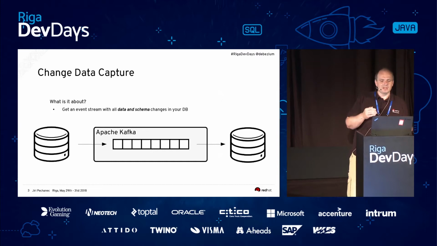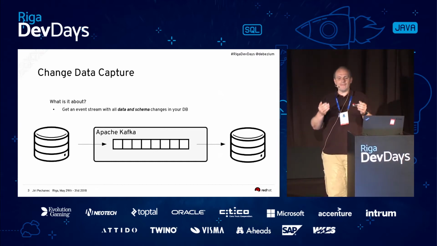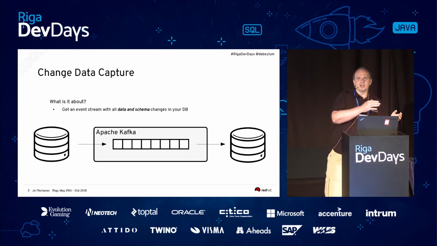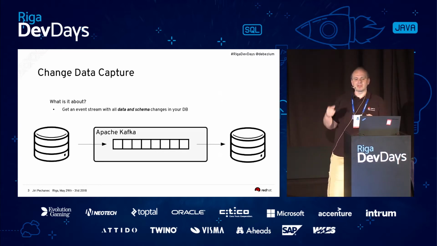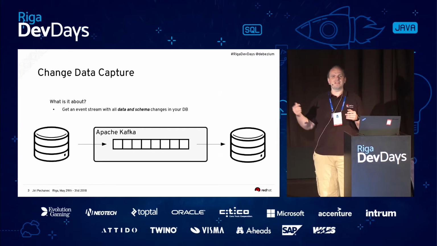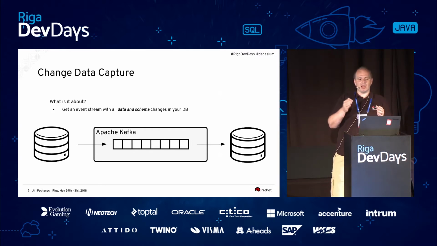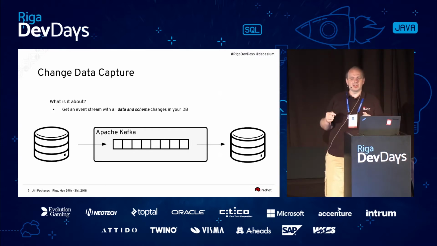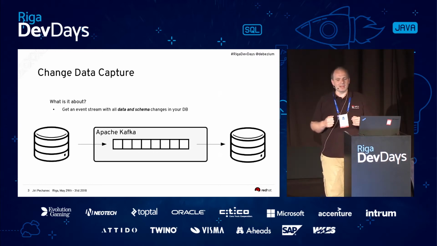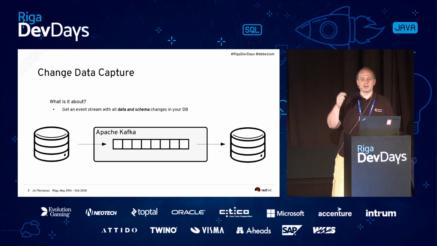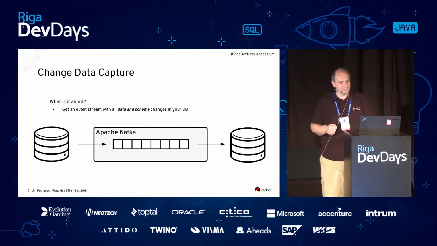So effectively, change data capture is something like turning the database back into the stream of changes, stream of events that describes every single change, both in data and schema of the database over the time the database is monitored.